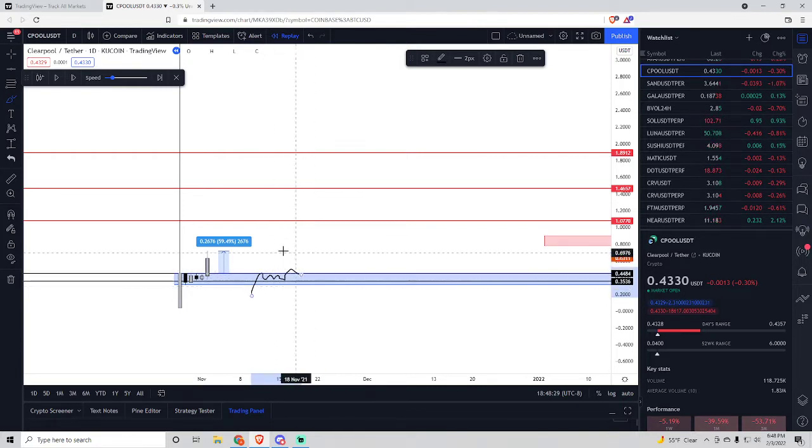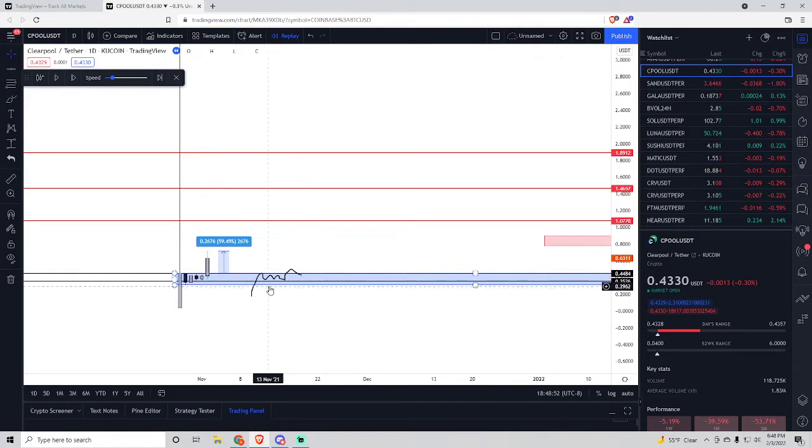That's not a sufficient gap for this zone to be created. So this gap here is 60% up, and this is on a daily, right? On a lower time frame, you're going to have many more candles, but 60% on this price action is a decent gap for this zone to be created.